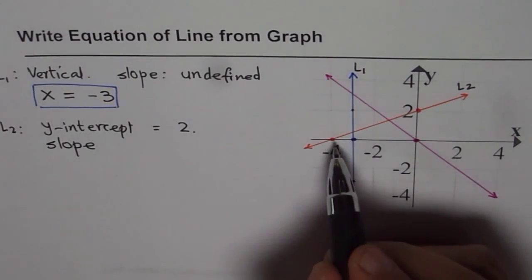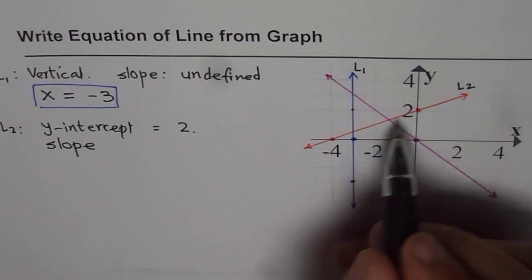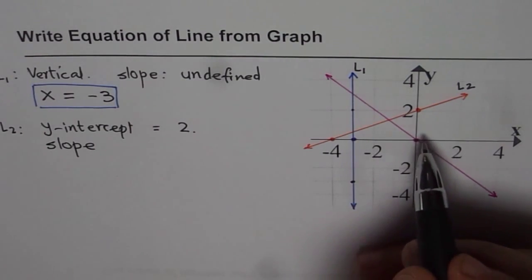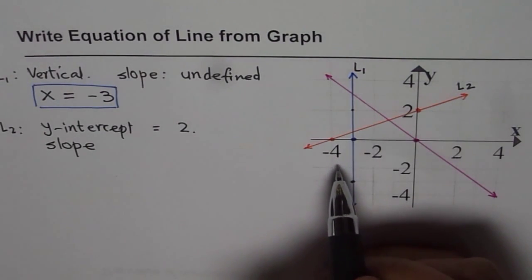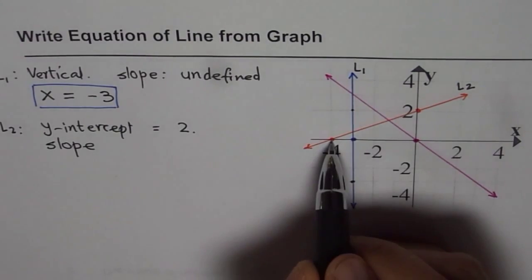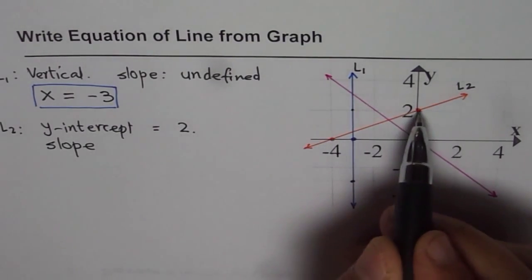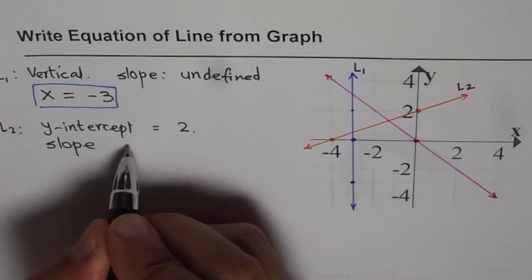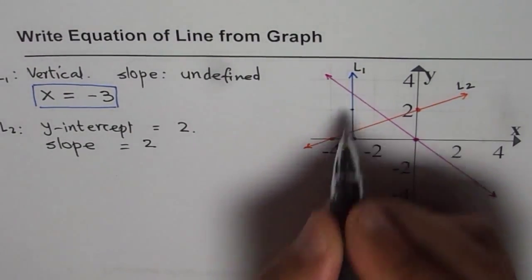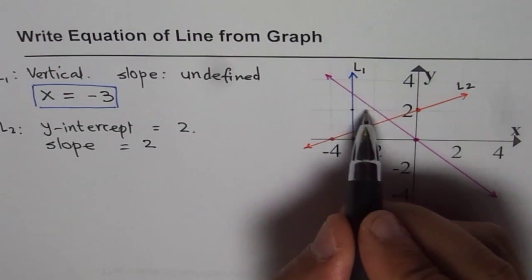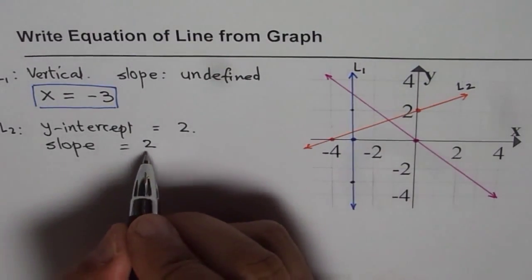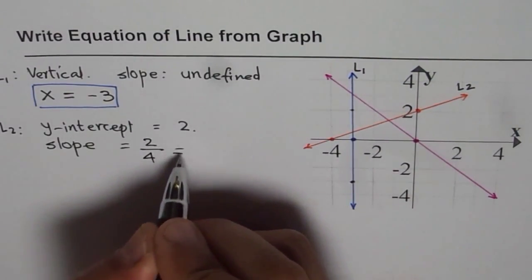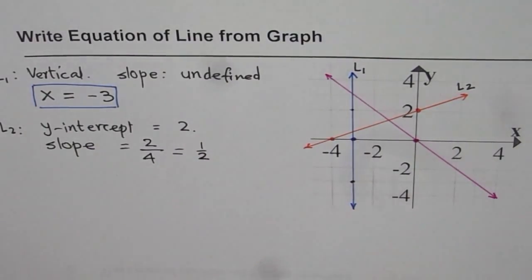We can find the slope from the given 2 points. If you move from point A to B, then we go up by 2, 1, 2. So the rise is 2, and the run is 1, 2, 3, 4. 2 over 4 gives a value of half.